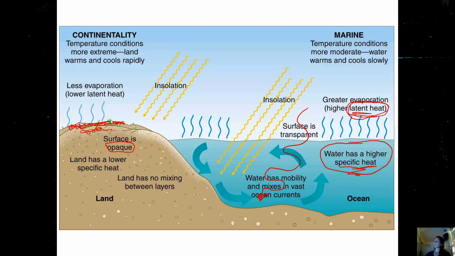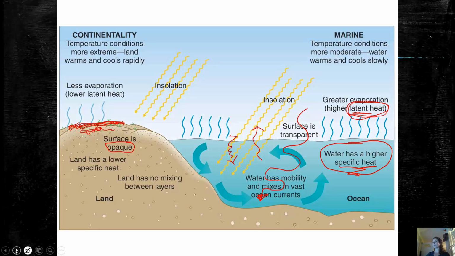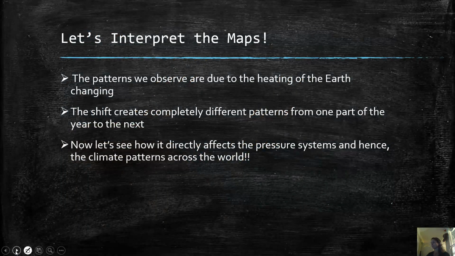While land heats up rapidly and cools down rapidly, water doesn't do so. And so it cools down slowly, but it also heats up slowly. And so we call water the great moderator because it can absorb energy and it can release energy to moderate conditions, while land provides more extreme scenarios.